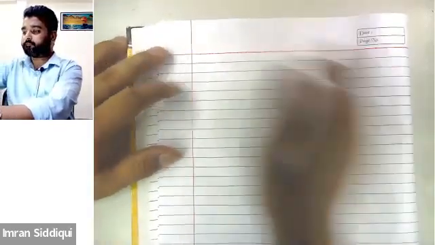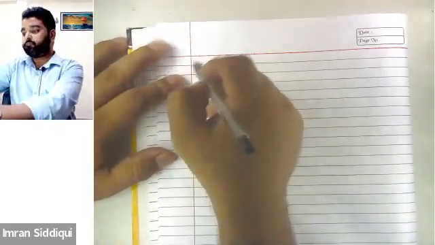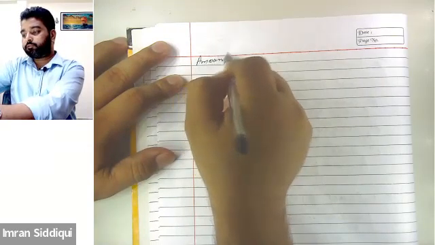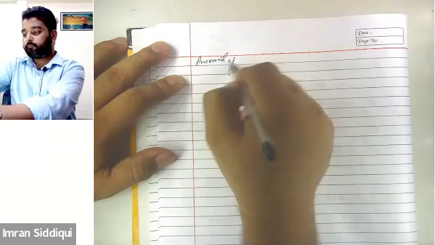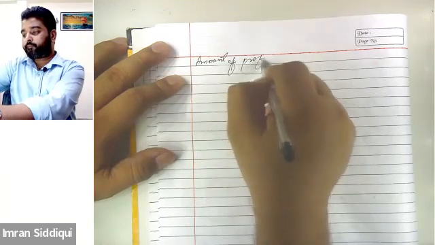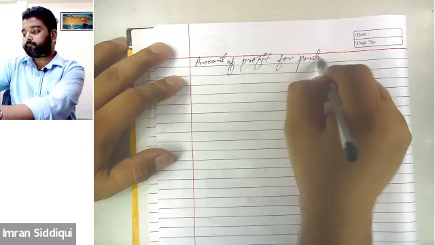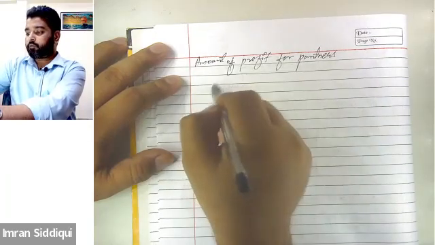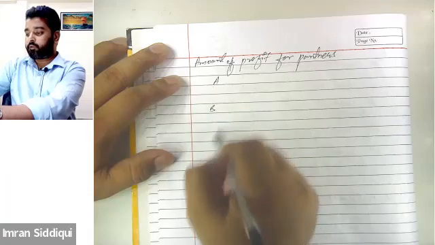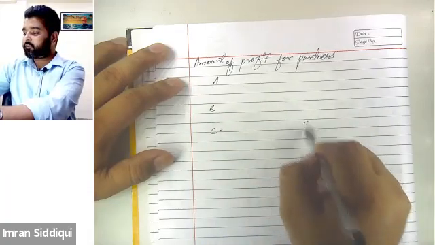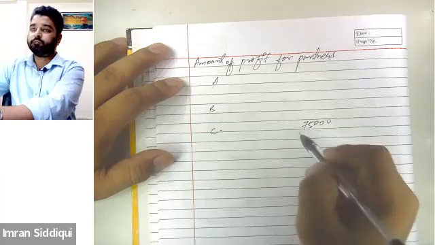Now we will show the amount of profit for partners A, B, and C. So C's profit will be 75,000 as guaranteed.